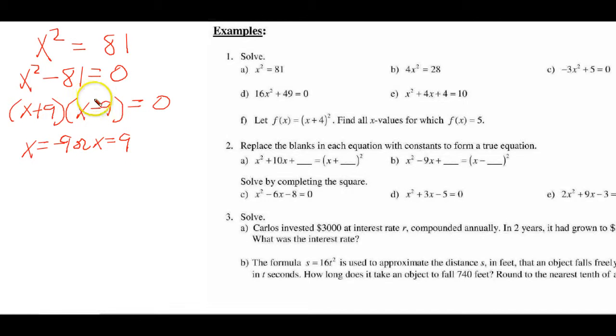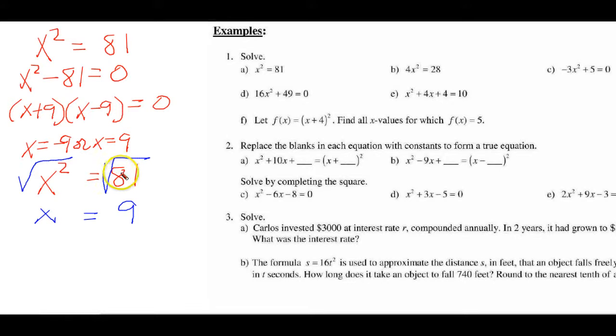Now, that was the way we did it in the past. But since we've done radicals, we can look at this way. We can take the square root of both sides. Square root of this side is going to be x, and the square root of this side is going to be 9. But notice when we do it that way, we only get one of the two possible answers.